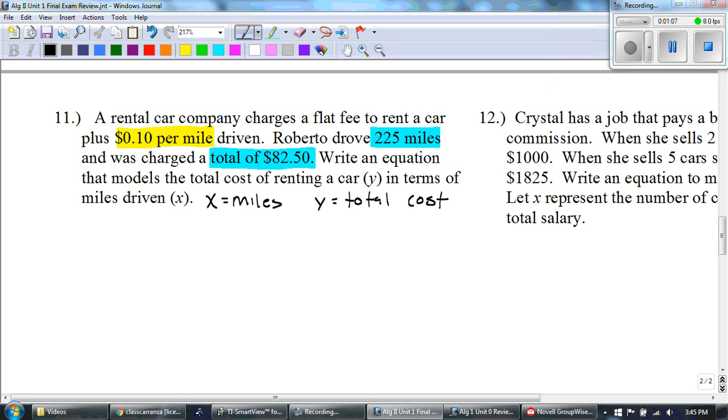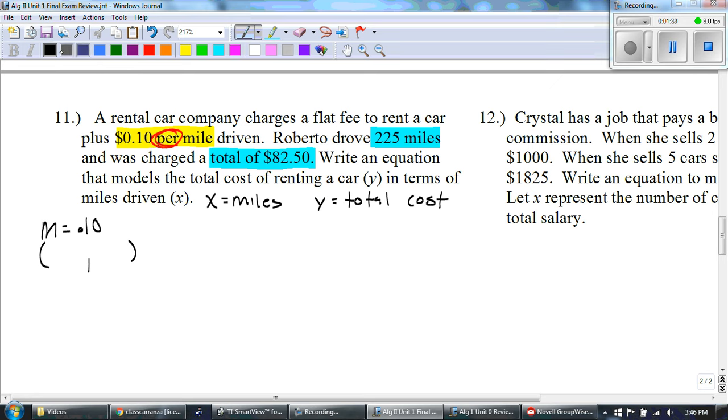When they gave us three numbers, they gave us a point and a slope. The word per is one of our keywords that means multiplication. So that's telling me that the slope is 0.10, and then my other two numbers are my point.